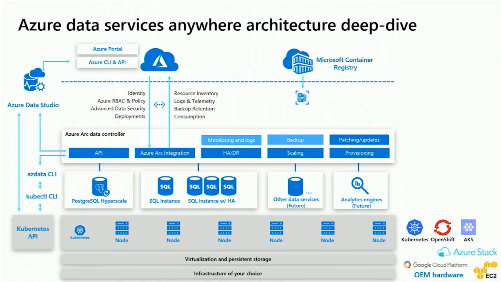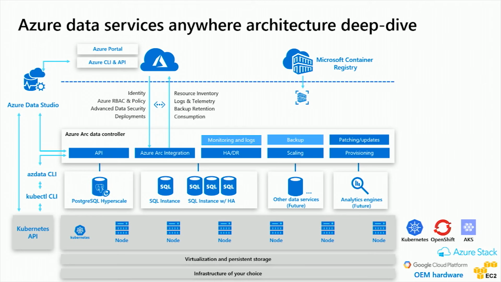Exactly. Now, the architecture. Looking kind of under the hood on how this works. When we say any infrastructure, that means literally any hardware that you have on your premises. There's a virtualization layer, VMs. I'll talk about storage just a bit later, but really rely on Kubernetes to do the orchestration, right?